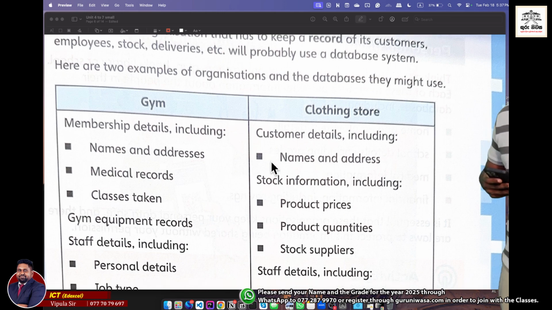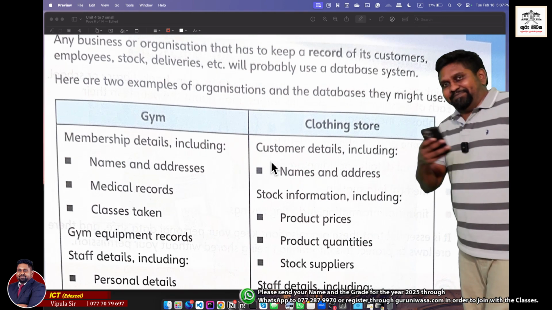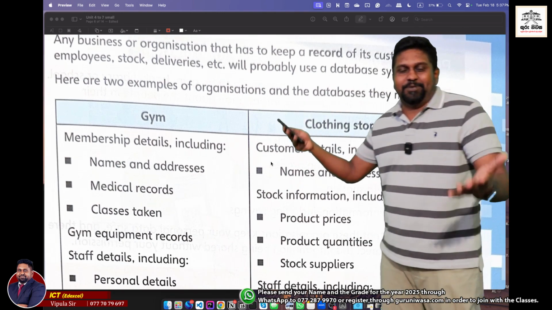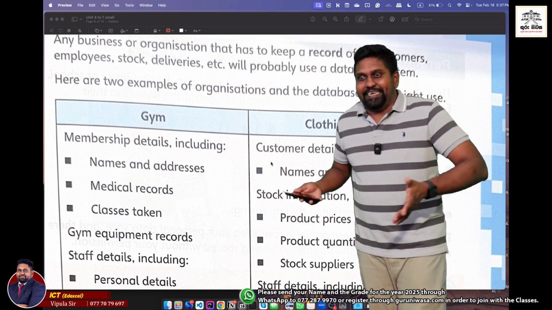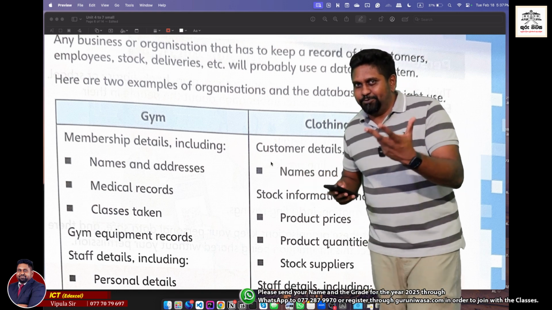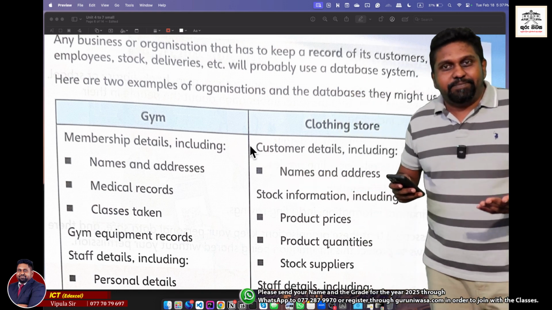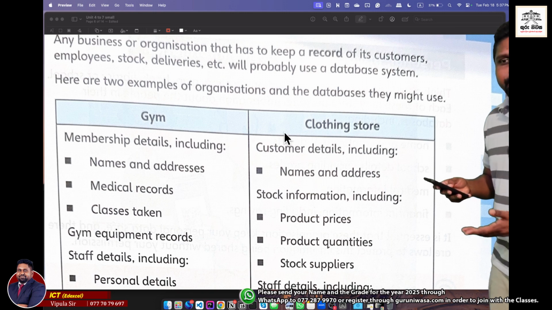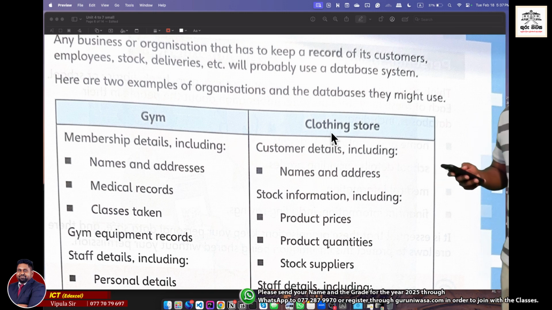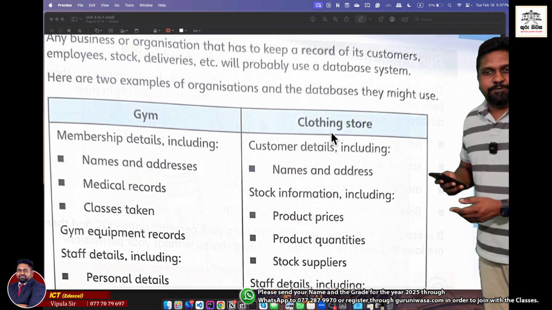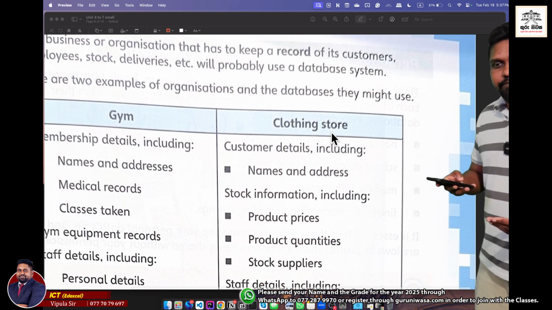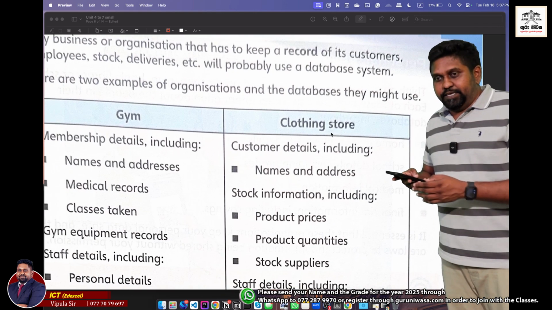Perfect. Okay. So now, I told you guys a big example, but if you take two simple examples like a gym and a clothing store, a gym and a normal fashion clothing store, there is some information we need.